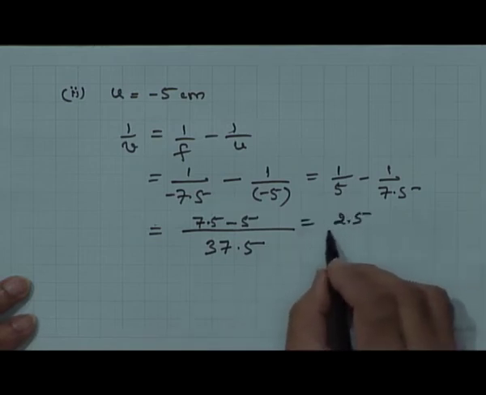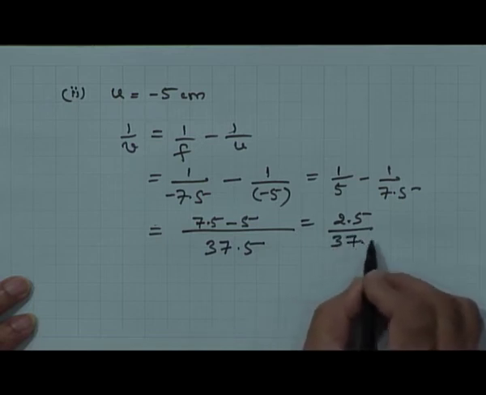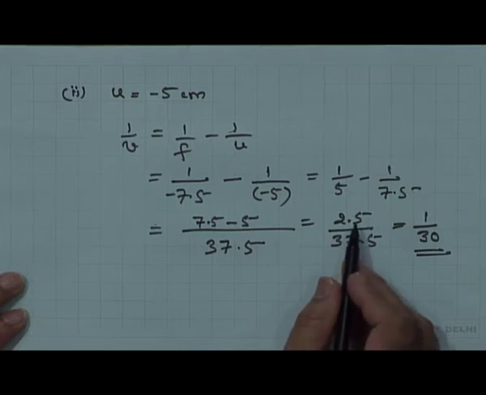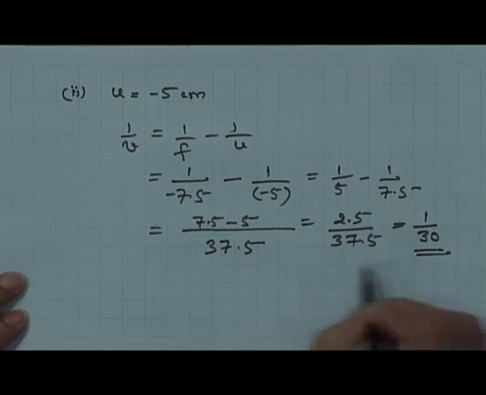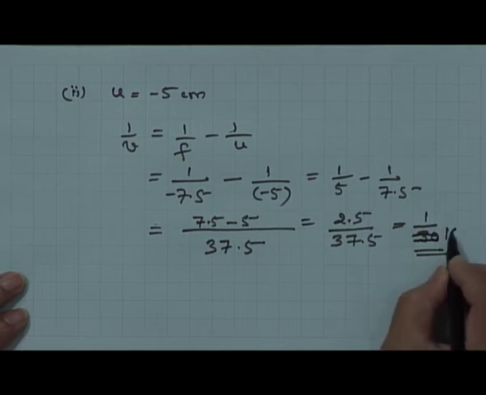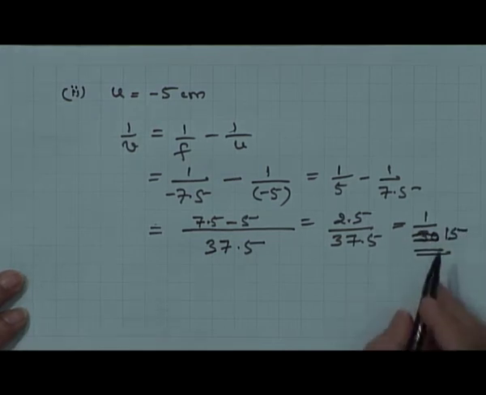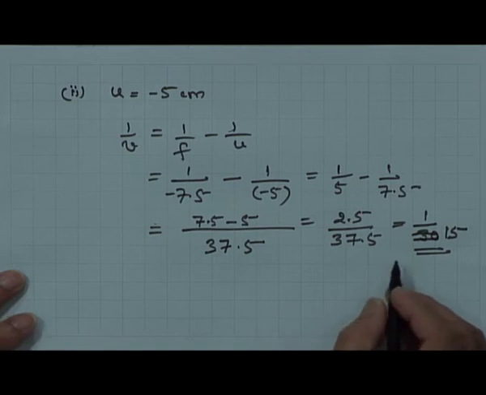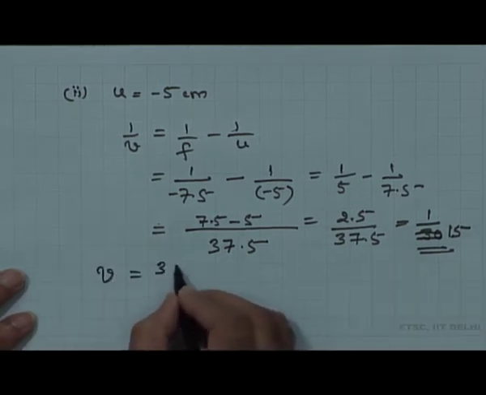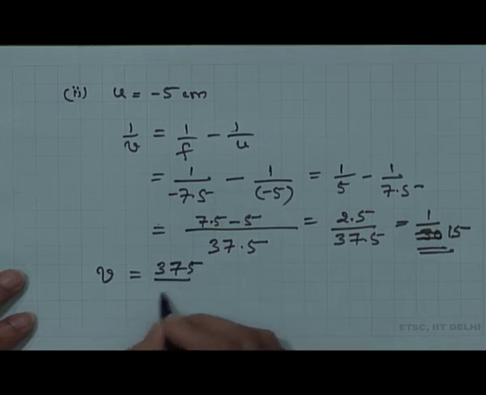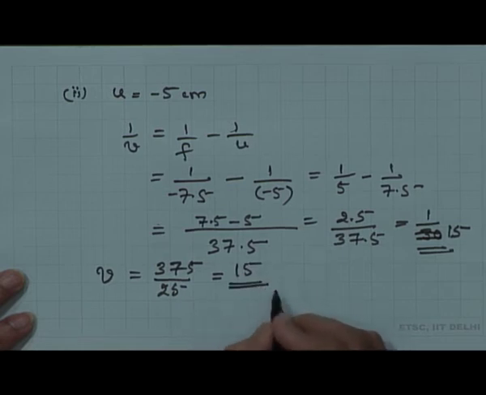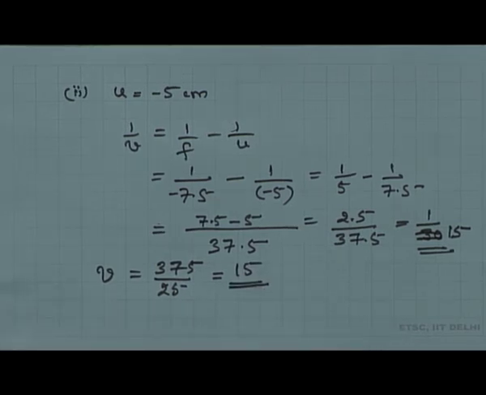So, 2.5 divided by 37.5, which is equal to, sorry, 25 divided by 375, so this is 1 over 15. Or v is equal to 375 divided by 25, which is equal to 15.